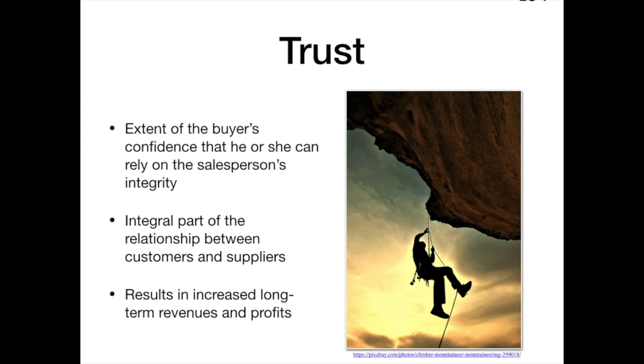And trust should result in increased long-term revenues and profits. Take a minute to think about some of the relationships that you have in your life. Chances are the best relationships, the strongest relationships, and the most long-term beneficial relationships are ones where there's a lot of trust.